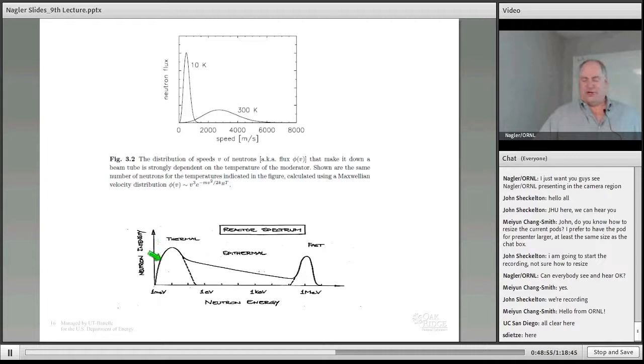So that's 1 millielectron volt down here. That's an electron volt, right? And this, you can imagine, is sort of also logarithmic. So this distribution is down here. I have a tail of neutrons of higher energies that are beyond thermal that I call epithermal. And I also have a pile of neutrons that aren't moderated at all, that are fast neutrons.